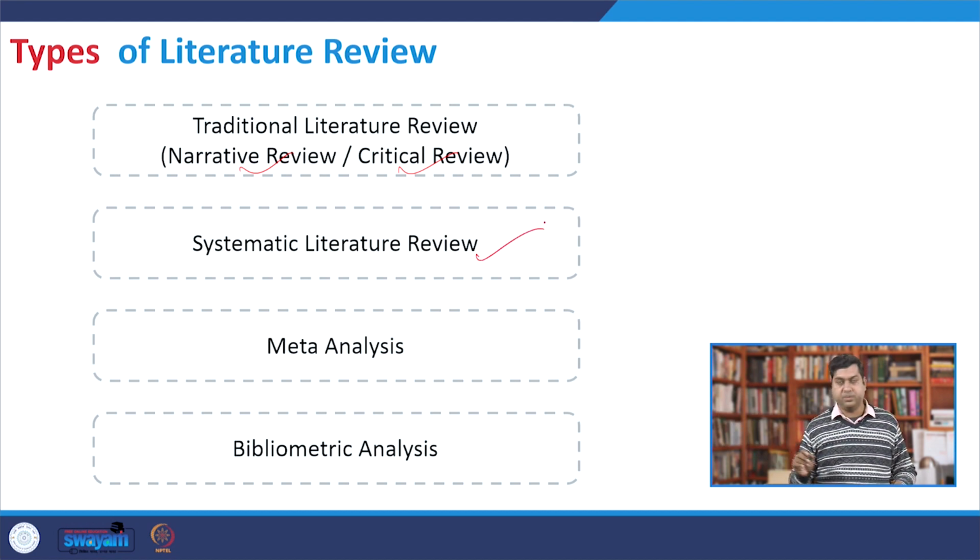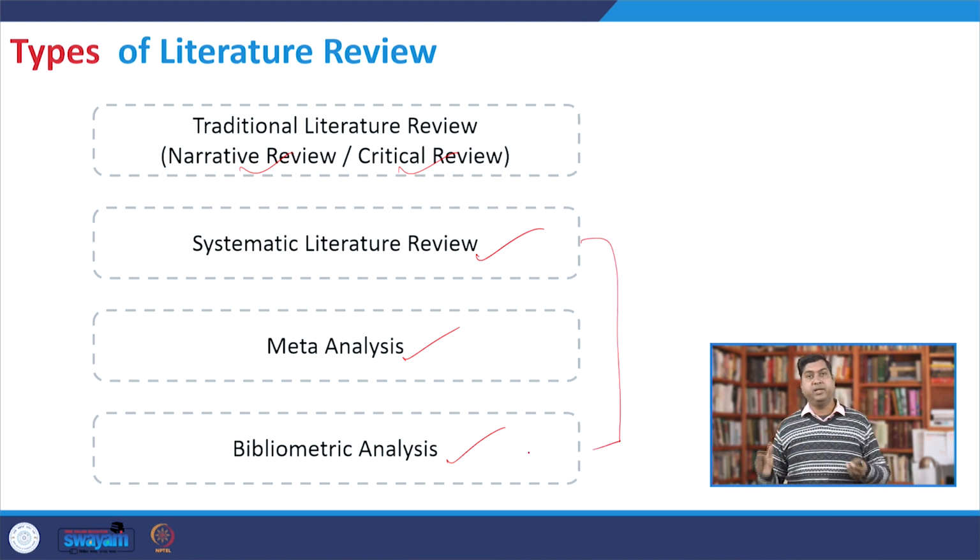It can be systematic literature review where I will show you how to do it. Then we can go for meta analysis, we can also go for bibliometric analysis, but at the same time it is not that if you pick one and then you are only entitled to do that, you can also go for all of them depending on your need.